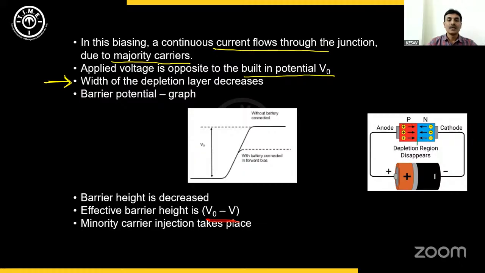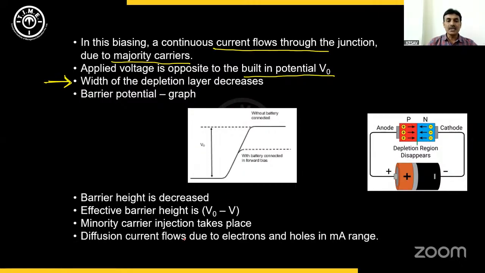Now, minority carrier injection takes place in forward bias mode. Diffusion current flows due to electrons as well as holes. That is the speciality of semiconductors. Unlike conductors, where conduction is only due to electrons, and insulators, where there is no conduction at all, in semiconductors conduction happens because of both electrons and holes.